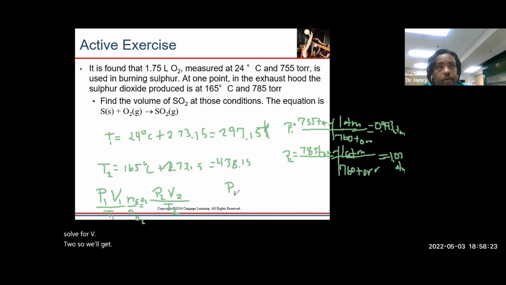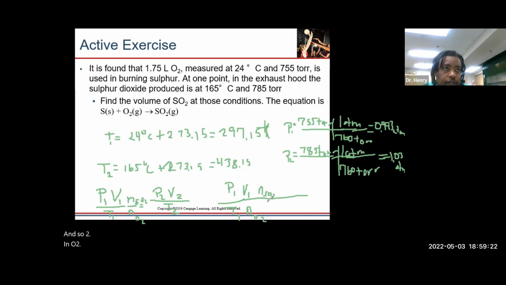So we'll get P1, T1, P1, and that would be N. Oh, that switched. Sorry. N SO2, N O2.